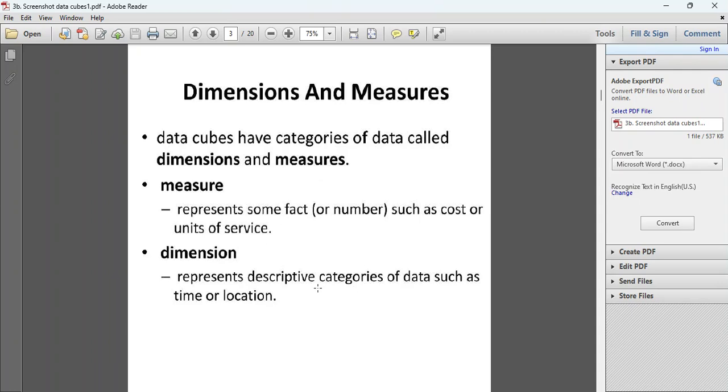As per the definition in this slide, data cubes have categories called dimensions and measures, where measures represent the fact table. We call the measure table a fact table, and these facts contain numbers. For example, we take cost or unit of service as a measure. The dimension table represents descriptive categories, such as time, location, and product. These come under dimension tables.